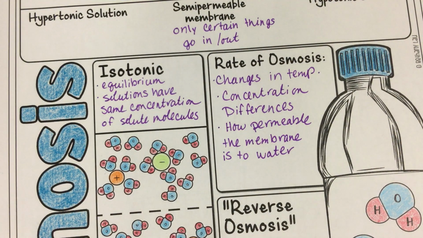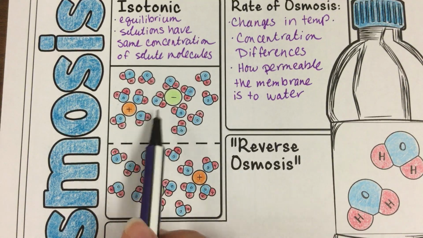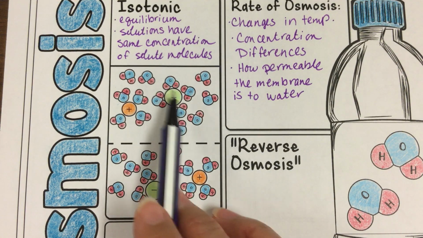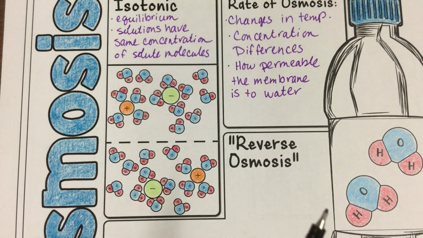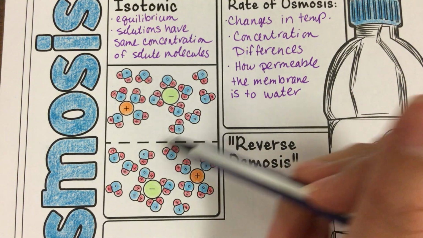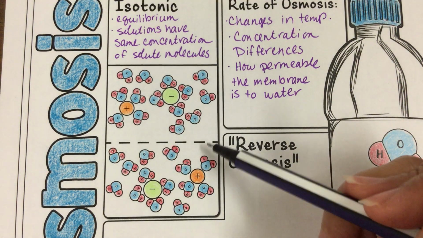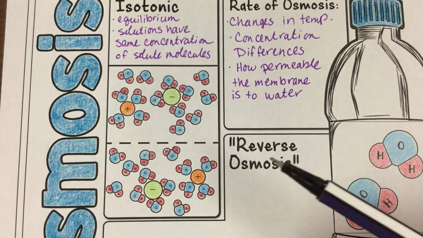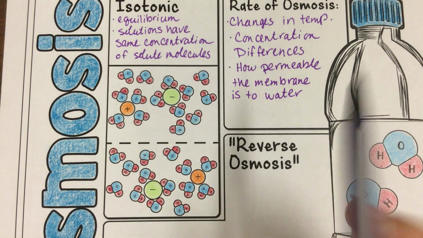Okay, and so right here, I can see that I have these two ions, two on either side, and then I have my water molecules that are clustered all around. It's very important to remember that because water can fit through the membrane, water is going to be moving back and forth. But in general, when it's in equilibrium, we're going to have about equal amounts of water on either side of that gradient.